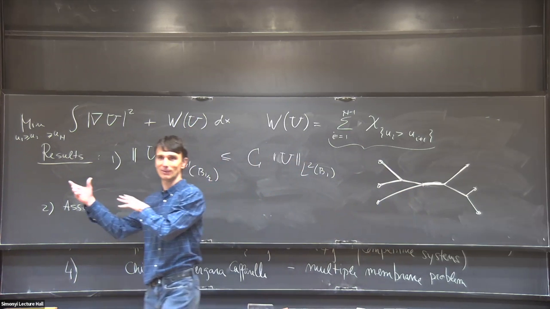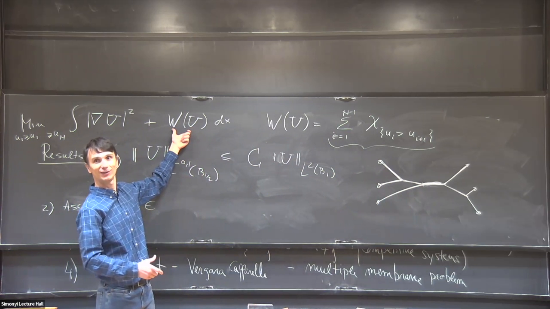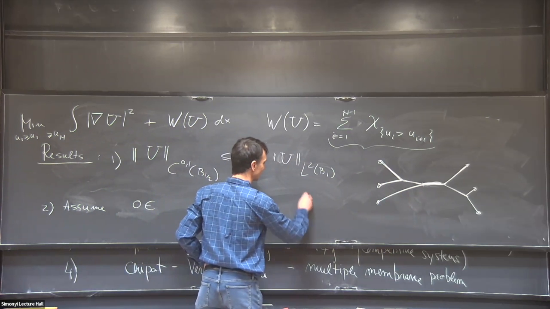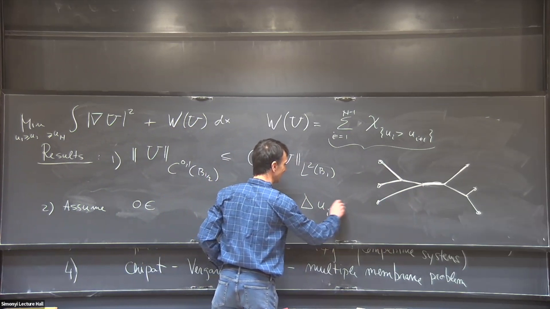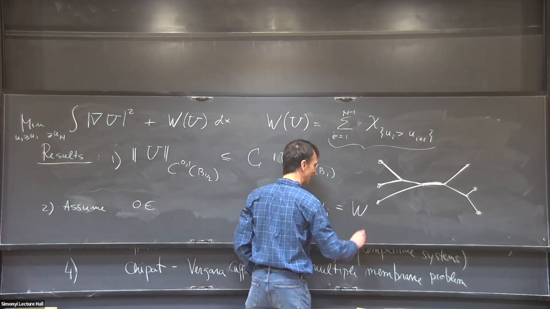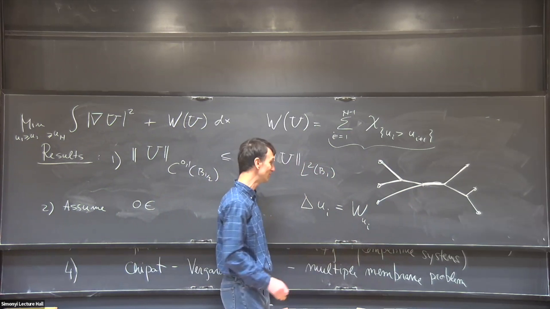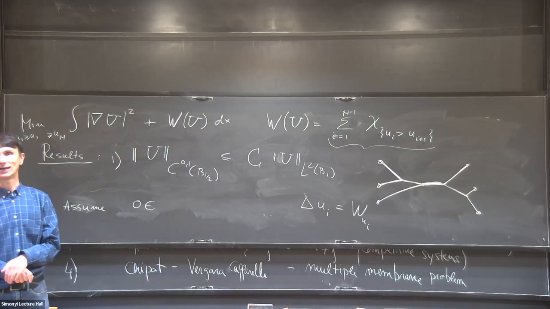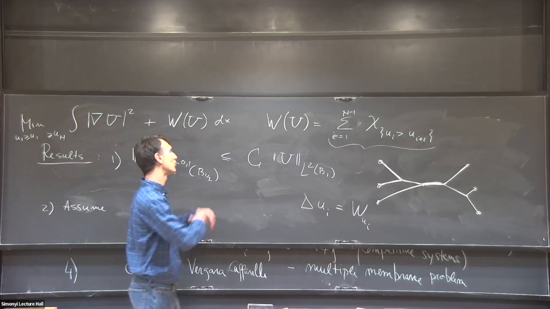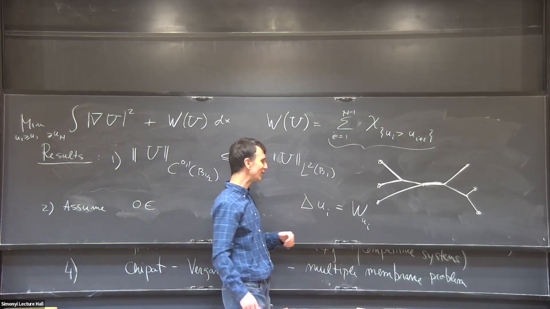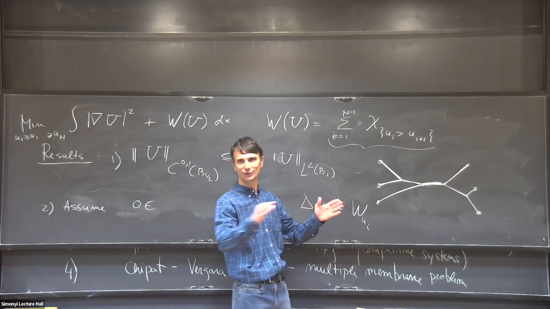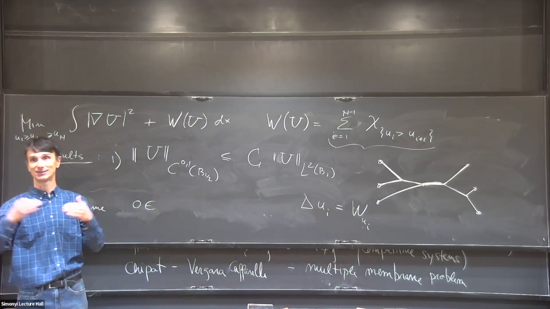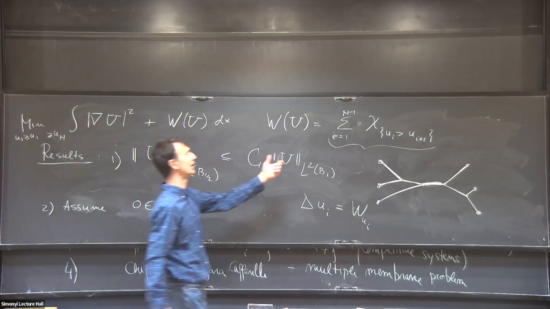It depends on the derivative of W. You're going to get the Laplacian of u_i equal to the partial derivative of W with respect to u_i. This would be the system that you have. And because here I really want to look at harmonic functions, I want this to be 0. So in other words, I want W to be piecewise constant. And that's why I'm doing this.